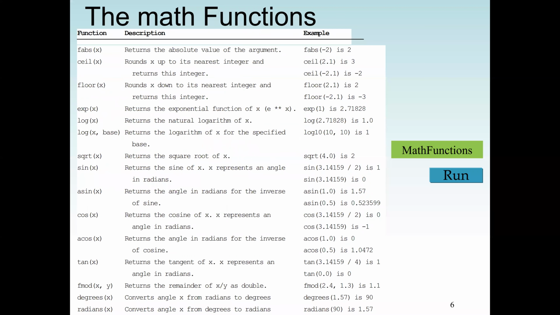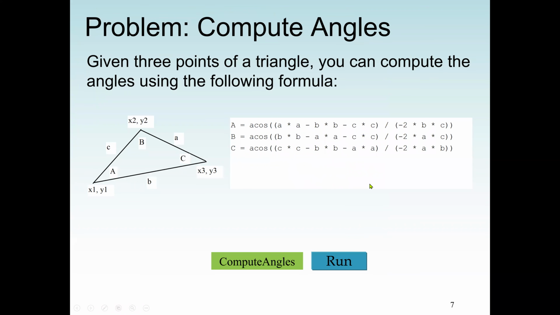Now let's go. So here also we want to compute the angles given to us here. Given three sides of a triangle, you can compute the angles using the following formula. Remember, this is, I think, college algebra or trigonometry. We have the formula for finding an angle if we know the sides.